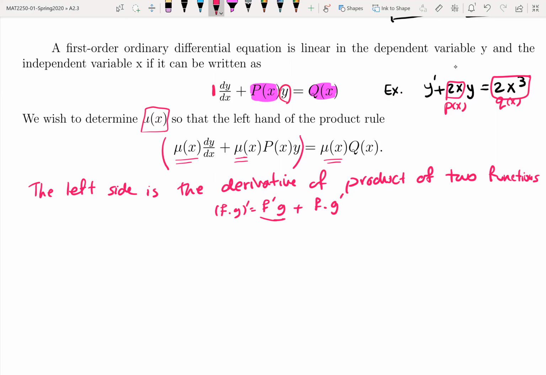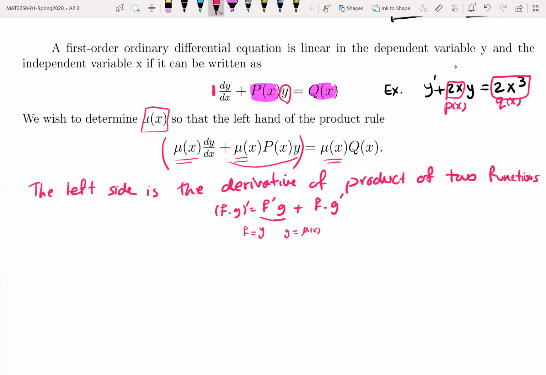Then you have the derivative of the first times the second, and then this has to be really the derivative of something. So let's say I call my f to be y, and my g to be something, what do I call it, mu of x.